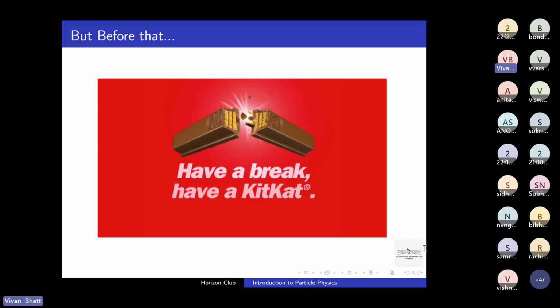You can go buy Kit Kats. My hostel vending machine is also out of Kit Kats, unfortunately. Otherwise, I would have definitely thought about it. They haven't refilled it since yesterday. It's very sad. You can take a 5 minute break if you want. What's the time right now? It's 12:49, right?